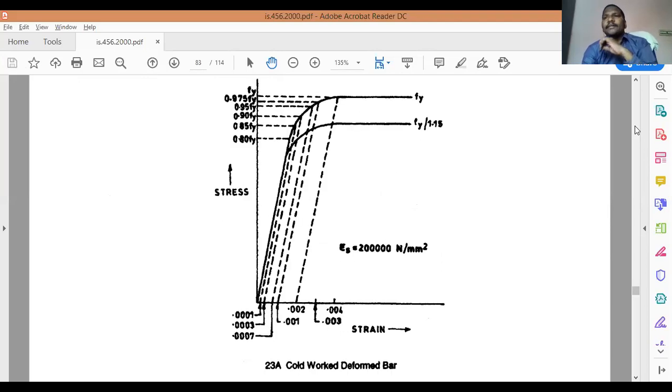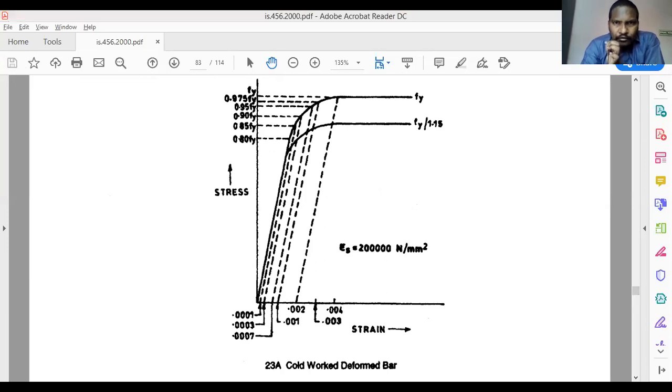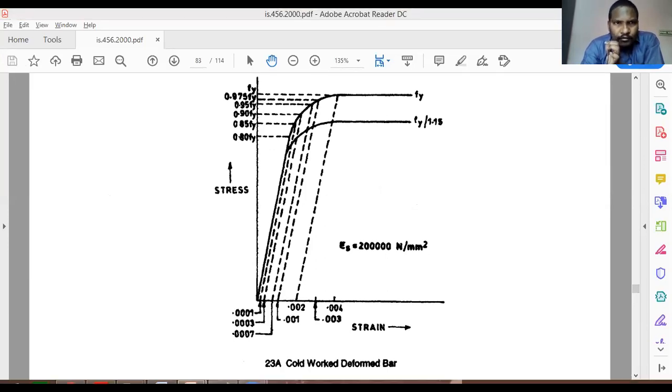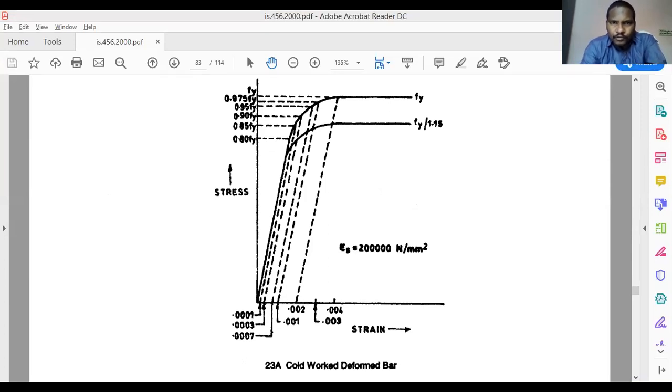Guys, if you get disconnected, join again. It's going to be over. I'm just explaining. How much did you get? The value is 0.0026. Okay.